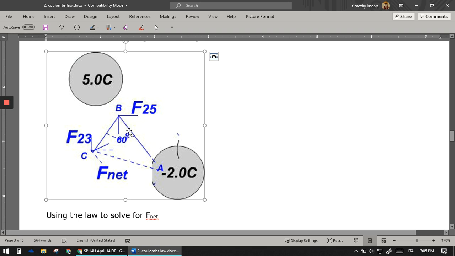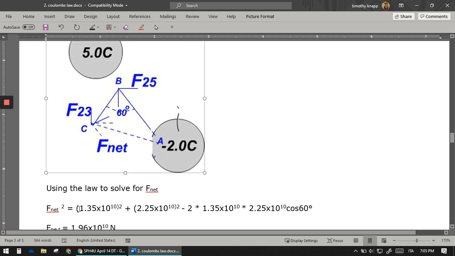Now, because you know this side length and that side length, I'm guessing they're going to be using the law of cosines. It appears, yes. So it's this leg and this leg each squared and summed: the square plus another square minus 2 times the two forces times the cosine of the angle between them.